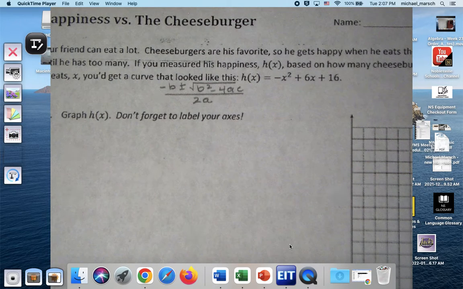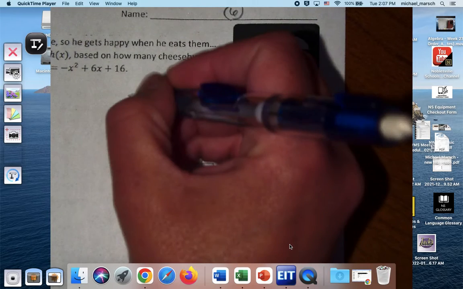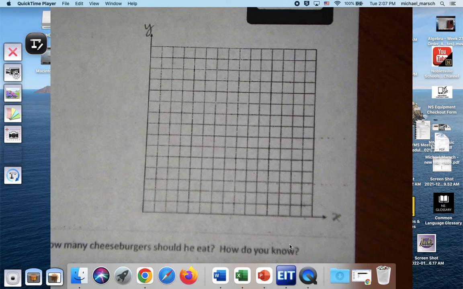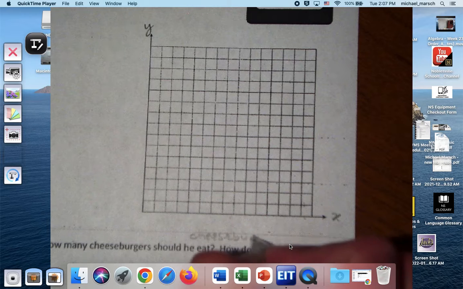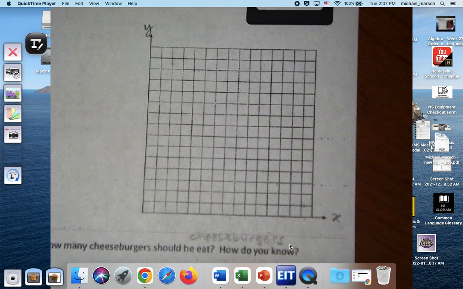One of the things we should do first is label our graph. Okay. So we have our x and our y. Our x is going to represent the number of cheeseburgers, which means our y is going to represent our happiness level.